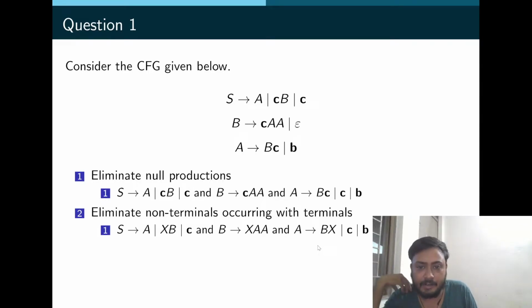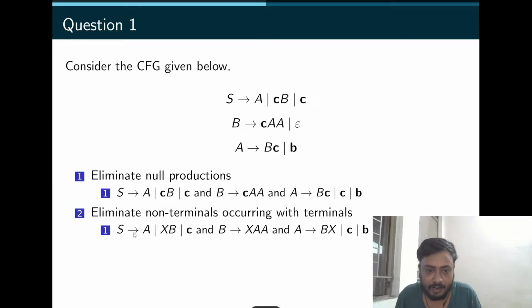Now, as I said, in CNF we cannot have non-terminals and terminals occurring together on the RHS. So we need to replace all such rules where the terminals are replaced by a non-terminal, and then we give a simple rule that the non-terminal gives that corresponding terminal. What do I mean by all this? For example, take a look here. Here you have the rule S gives CB, here you have the rule A gives BC, and here you have B gives CAA.